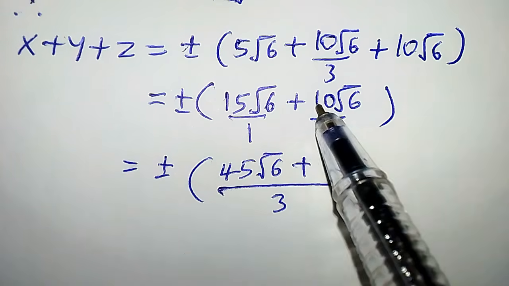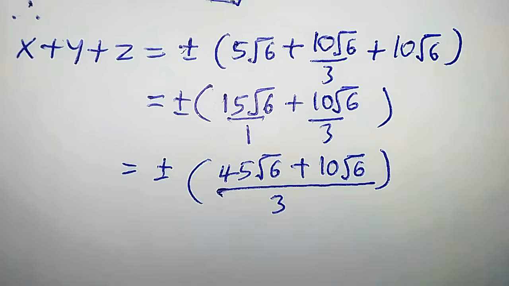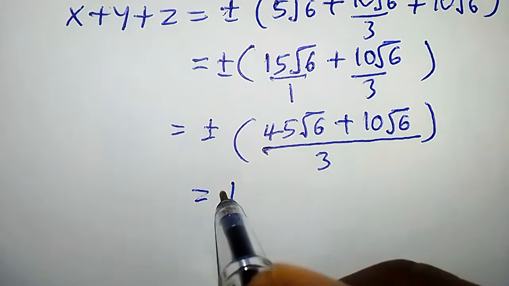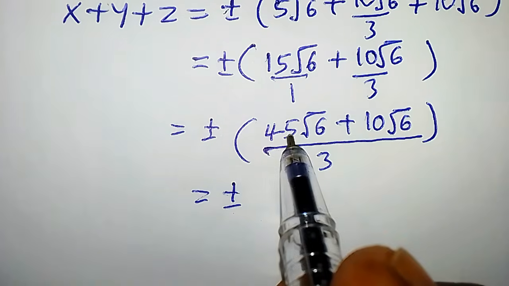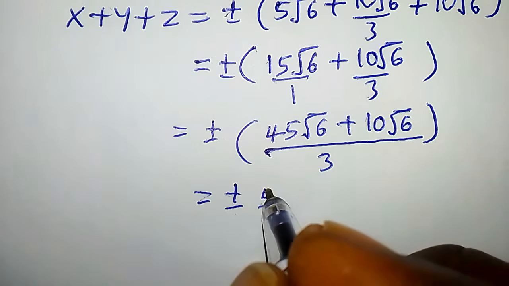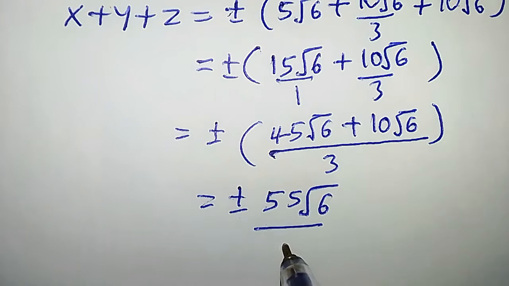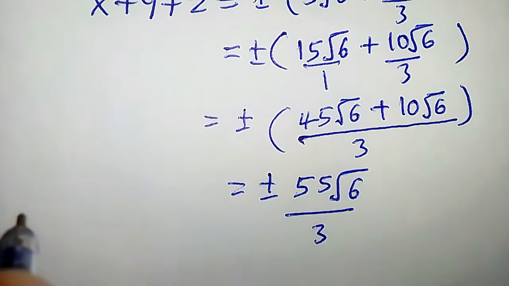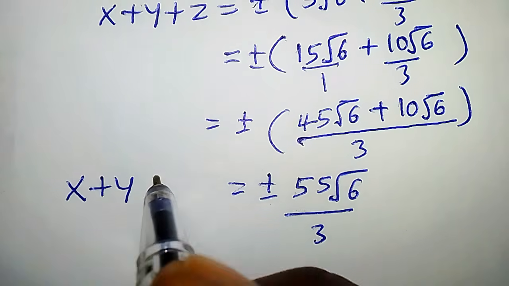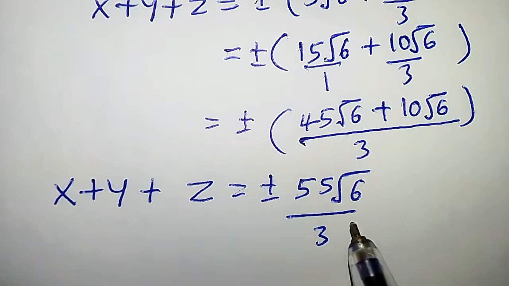That is 1. What times 10? We have 10 root 6. This equals plus or minus 45 root 6 plus 10 root 6, that is 55 root 6 divided by 3. That means the value of x plus y plus z is equal to plus or minus 55 root 6 over 3.